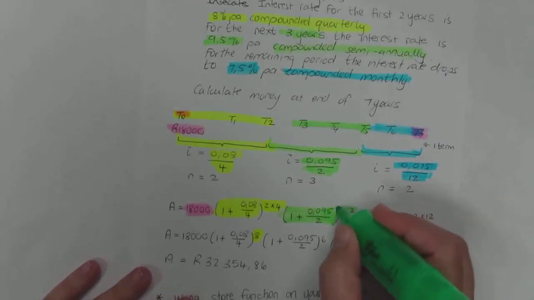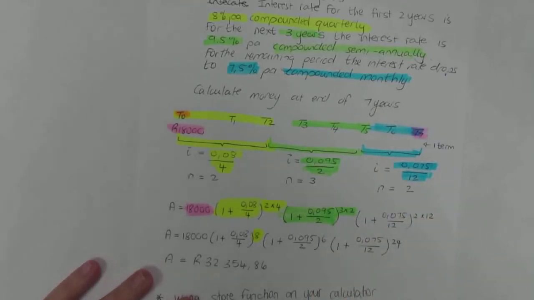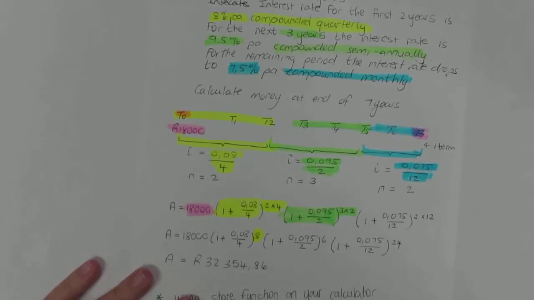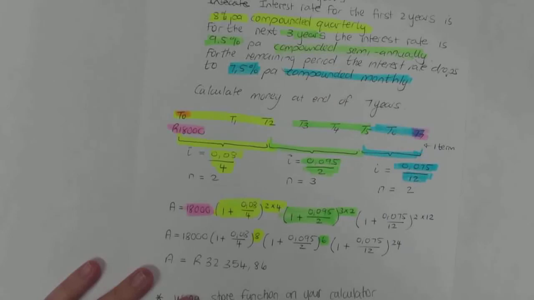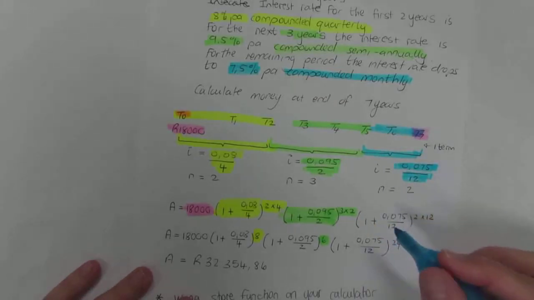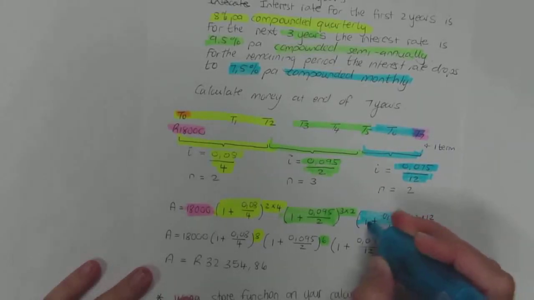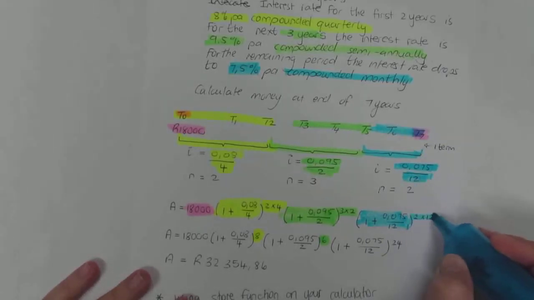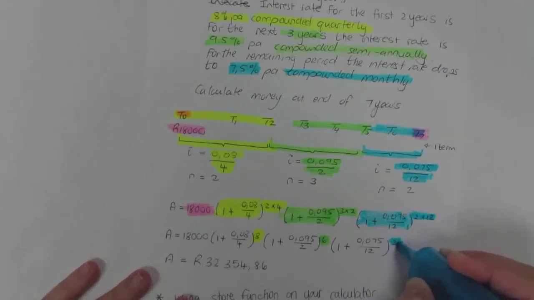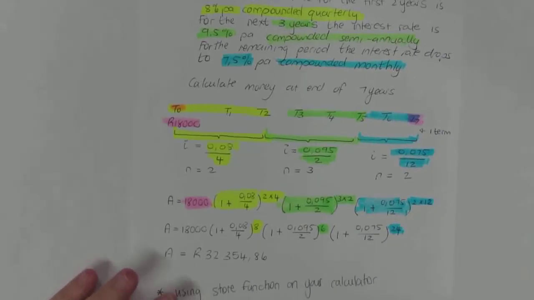So for 3 years, 3 times 2, so twice a year gives me 6. And then the last one was 7.5% done monthly. So in 2 years, there are 24 months.